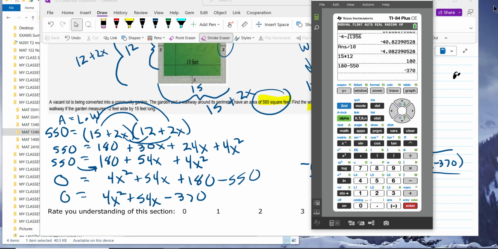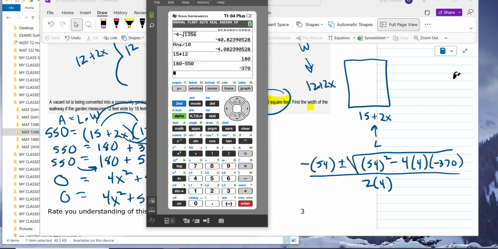One thing that you can always do is just do what's under the radical. So if I do 54, let me clear everything on here. You can do 54 to the second, and then this would be two negatives multiplied, so it would really be plus 4 times 4, which you could do in your head, times 370. So you can work out what's under the radical in one step if you choose to.